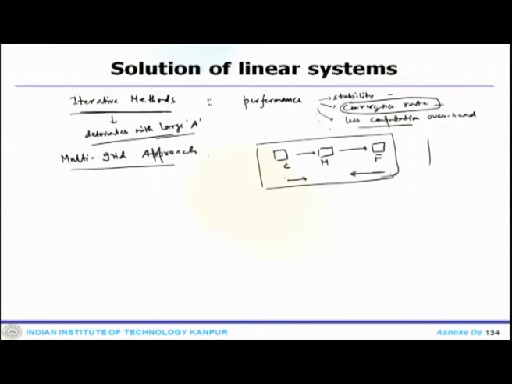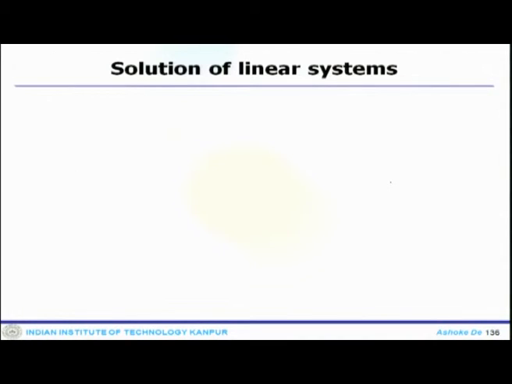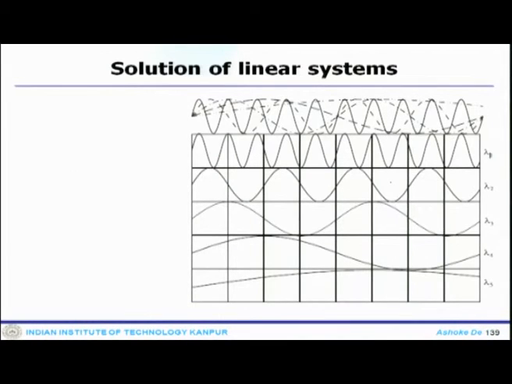Now, let us see an example in a one dimensional grid. What happens to that? This is a picture which shows the different error modes in a 1D grid.